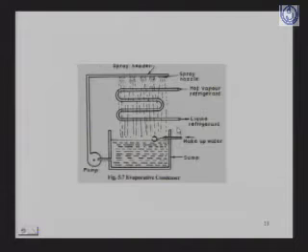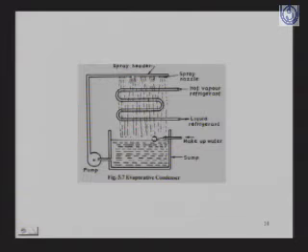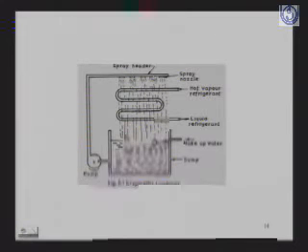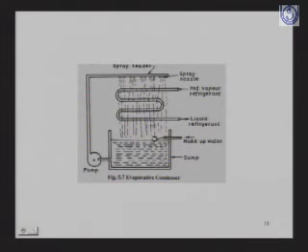And the third type is the evaporative condenser. In this evaporative condenser, these are the refrigerant coils, and then the water is sprayed onto the top. Sometimes when you see an ice factory or where the cooling process is there, you must have seen some water falling, and this is the evaporative cooling.